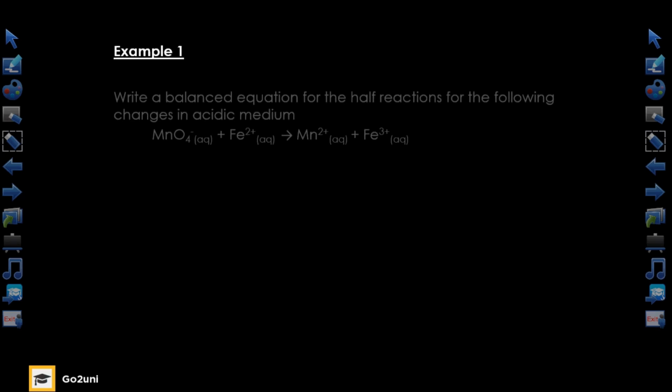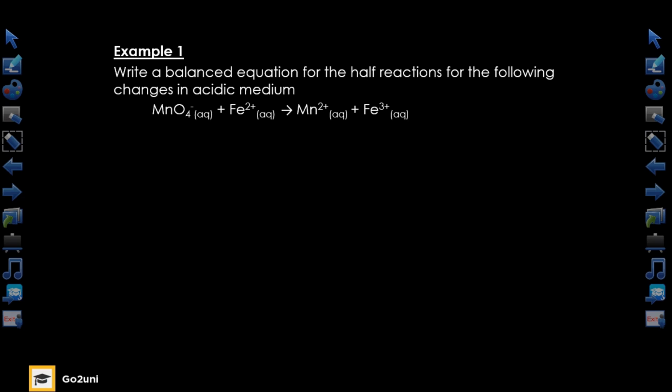So let's take a look at example 1. The first example we have here is to balance the reaction between manganese 7 ion and iron 2 ion.